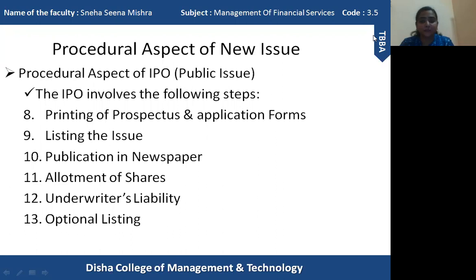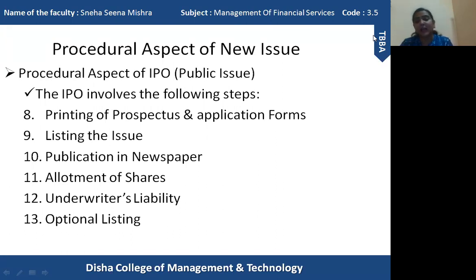Once the IPO is listed, they can publish it in the newspaper so that the general public will be aware of the issue, the dates on which the issue will start, and the dates of sending application forms, allotment, and each and every detail will be mentioned in the newspaper or any other media. That is the 10th step in the process of IPO, the publication in newspaper.